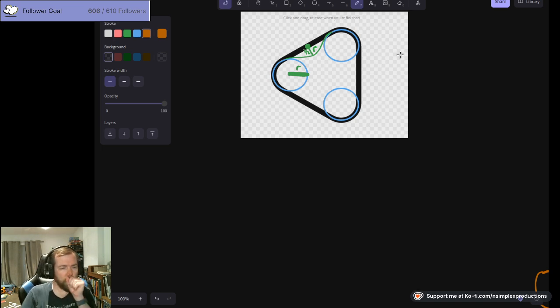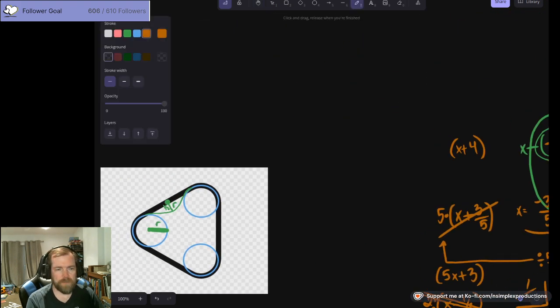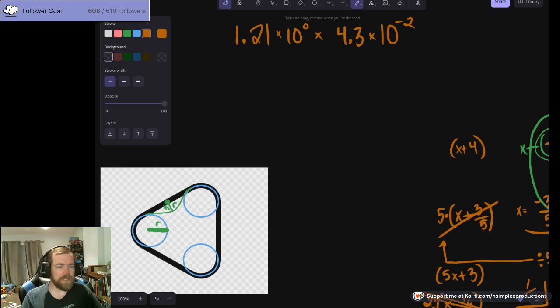Yep. So that one's actually pretty easy if you think of it in terms of scientific notation. Right, 1.21 times 10 to the 0 times 4.3 times 10 to the negative second.